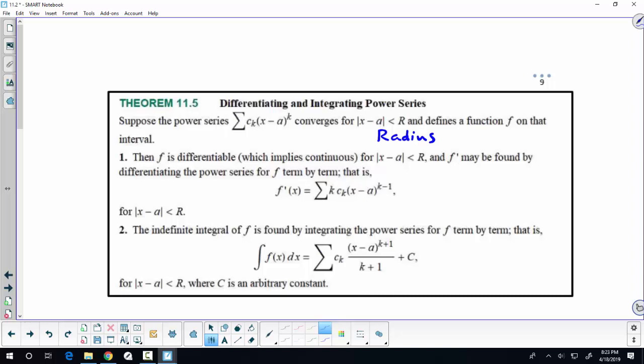F is differentiable, which implies it's continuous. For the same radius of convergence, f prime may be found by differentiating the series of f term by term. So we just differentiate each term, like the derivative of x, then the derivative of x squared, the derivative of x cubed, et cetera. So we can take the derivative of each term in that series.